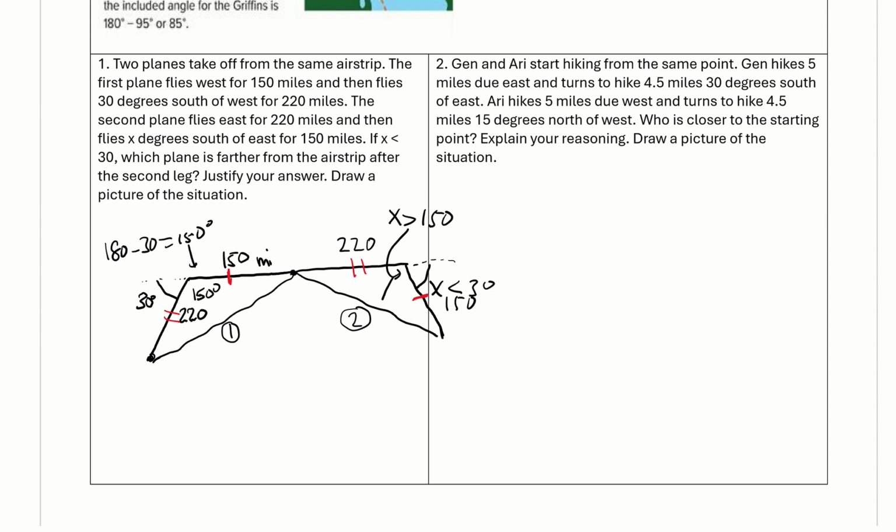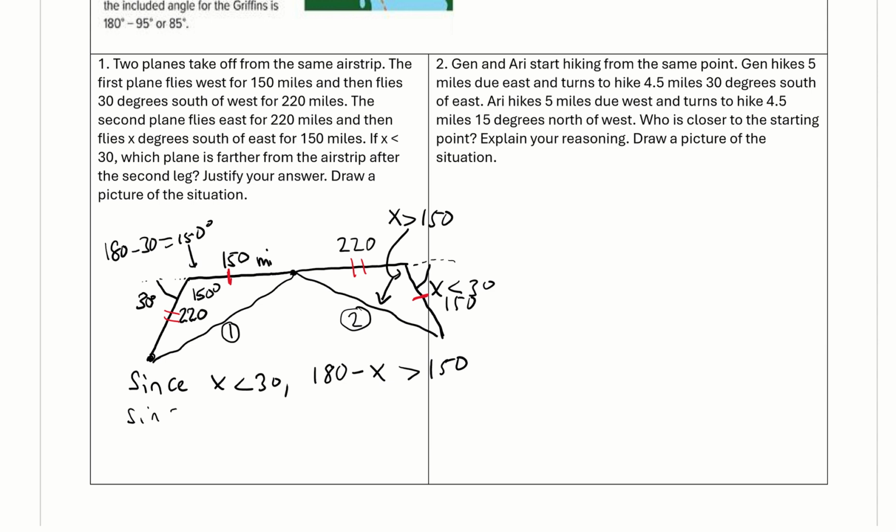So that means the opposite side, the one I labeled 2, has to be greater. So plane 2 is farther away from the airstrip. Since X is less than 30, 180 minus X has to be greater than 150.